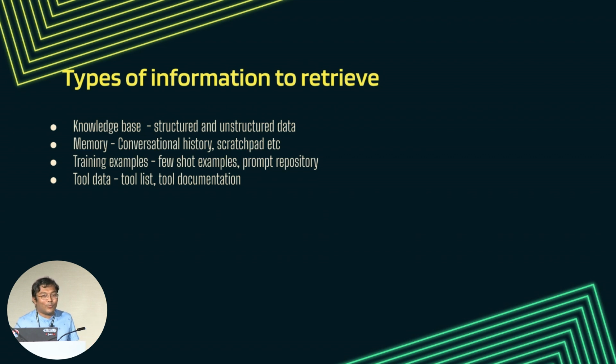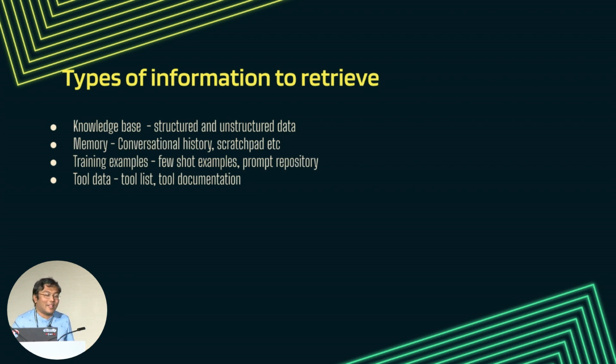But there are also more recent paradigms, like for example memory, where you can store intermediate results from LLMs, also the conversational history that doesn't fit inside your context window. Also training examples. For example, you can have a repository of prompts that contain instructions for all kinds of tasks. So if you have an agentic system, it can just fetch instructions from the prompt repository.